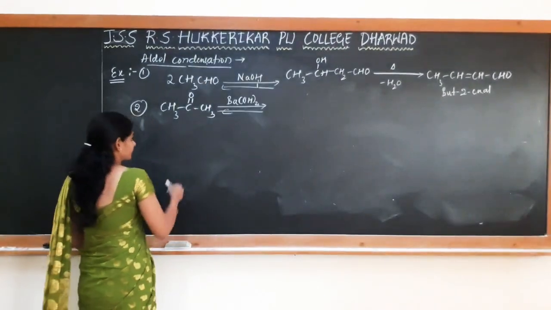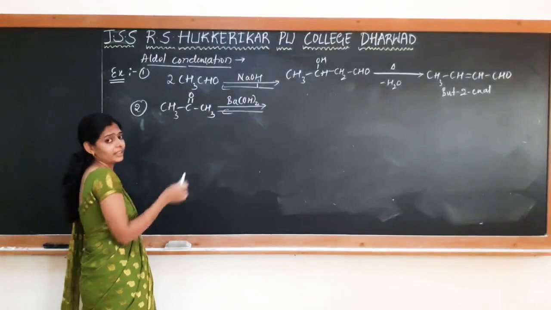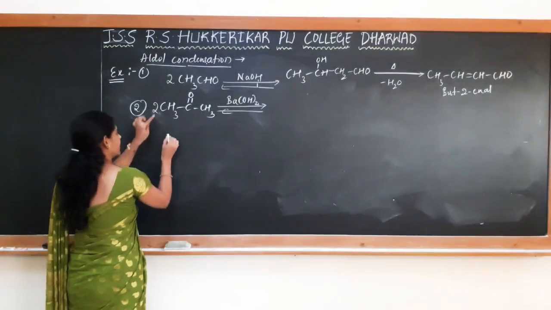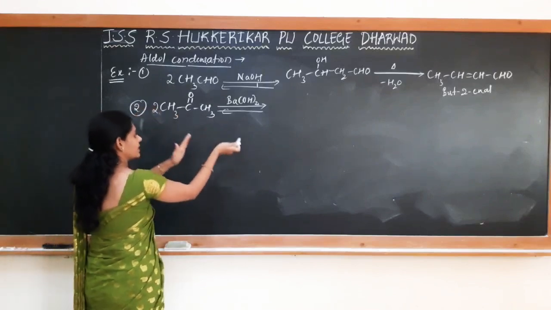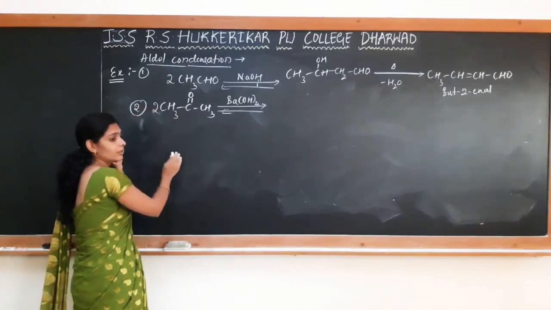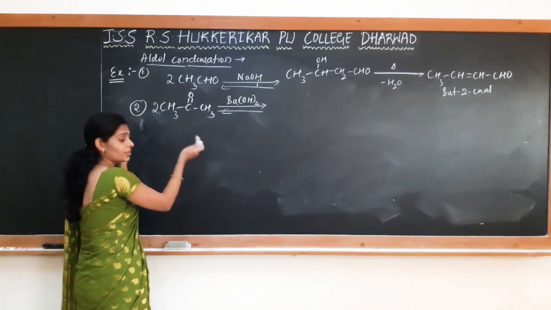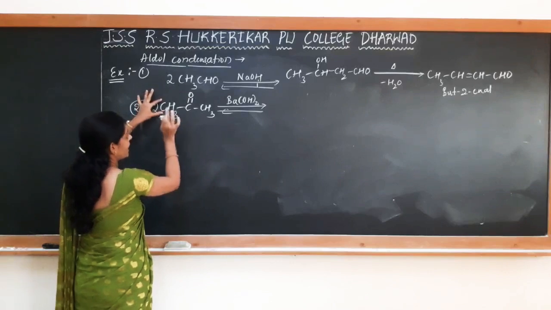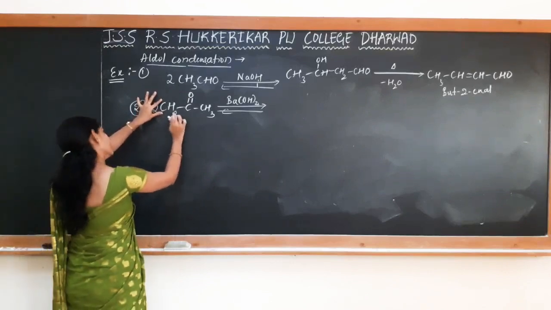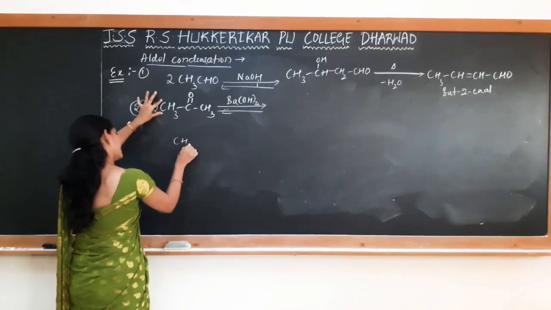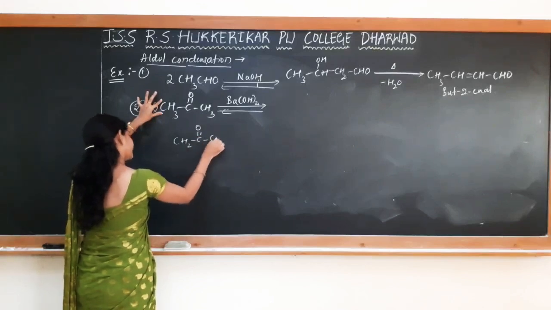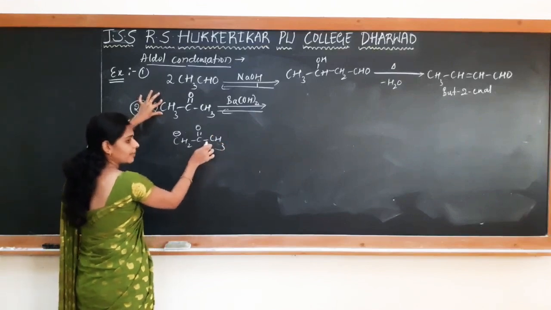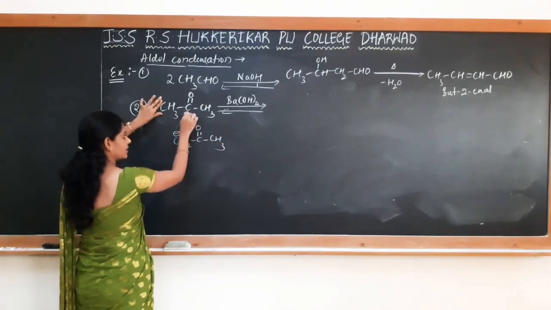Okay, so how to write it without writing the mechanism? Just think one molecule is acting as a nucleophile, and another molecule is the one the nucleophile attacks. So there is a formation of a carbanion of this manner: CH2 minus CO CH3. This carbanion attacks the carbonyl carbon.